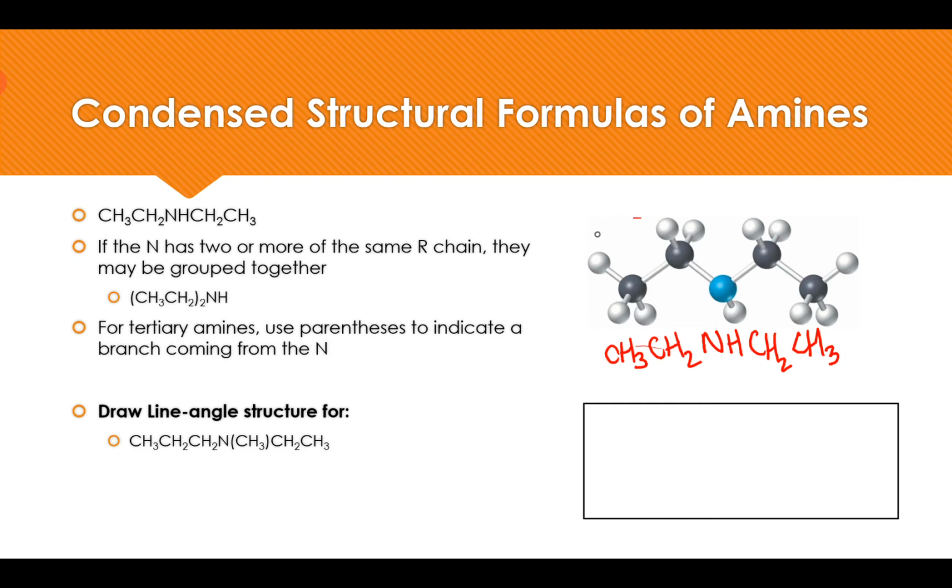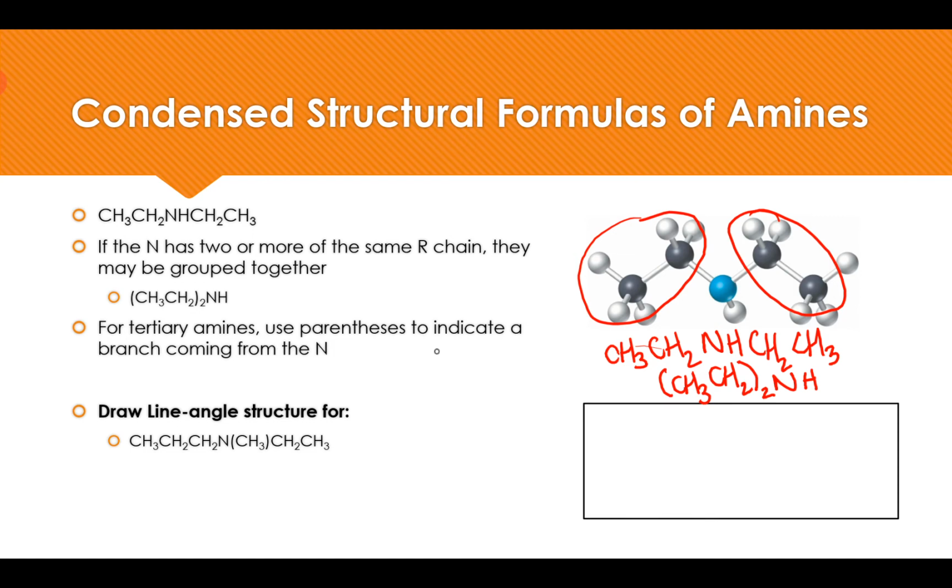But you'll notice that this group and this group are identical. And that means that we can group them together around the nitrogen. And so we can write this as CH3CH2, 2, and then NH. So we can group those together.